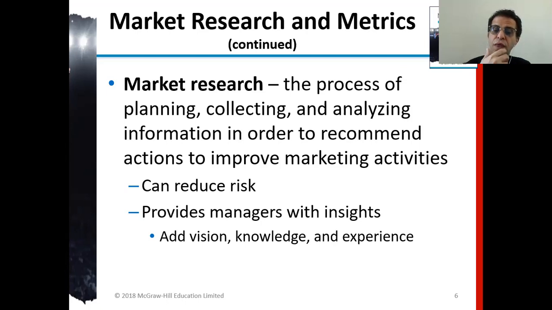But before we do a market research, we build a hypothesis. The hypothesis probably says an increase in certain points in A will cause an increase in certain points in B, or an increase in A, assuming everything is constant, will cause a decrease in B. So there is a positive correlation when both go up, and when one goes up and one goes down, that's a negative correlation.